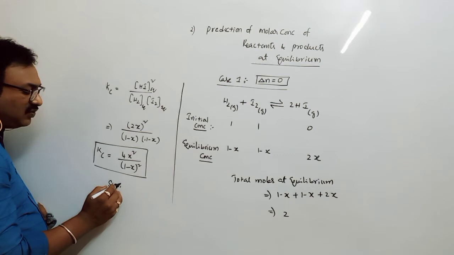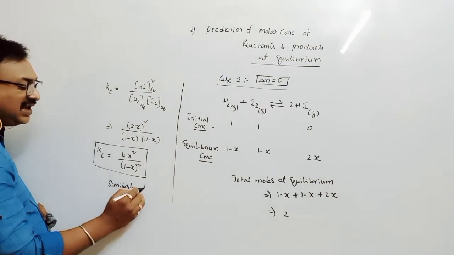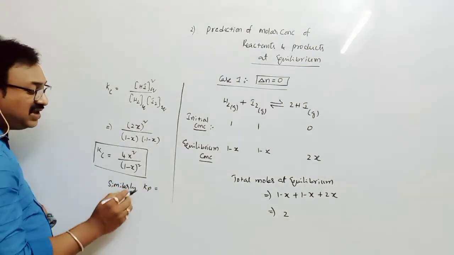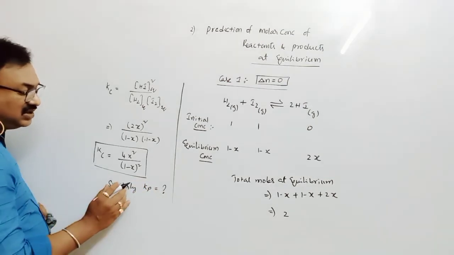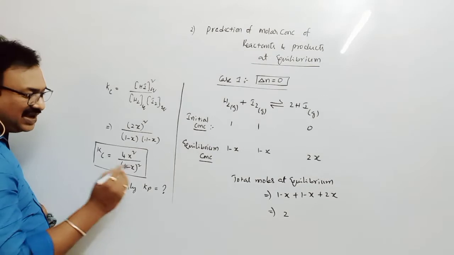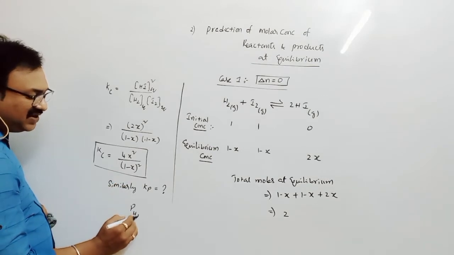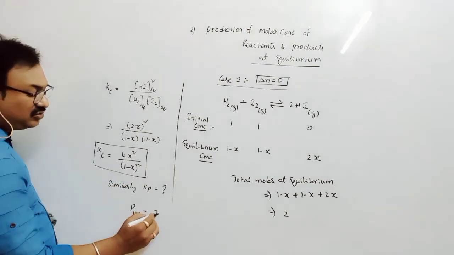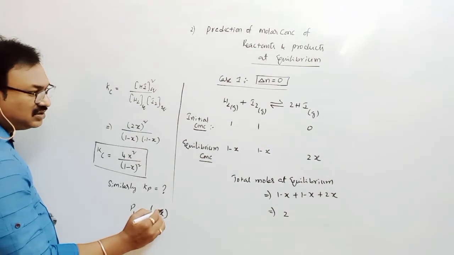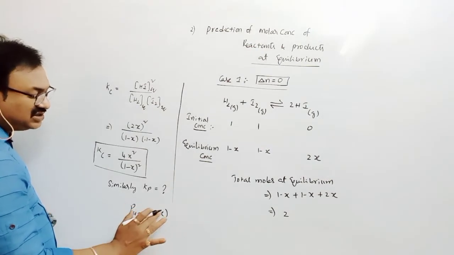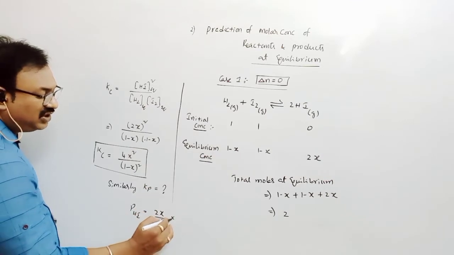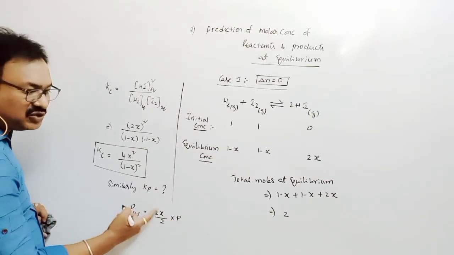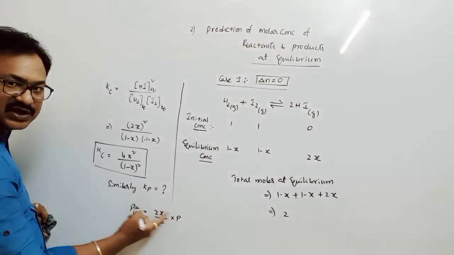Similarly, if you want to find Kp, Kp is equal to how much, right? For Kp, first we need to take the partial pressure of HI, so 2x. Partial pressure means number of moles by total number of moles, mole fraction into total pressure.